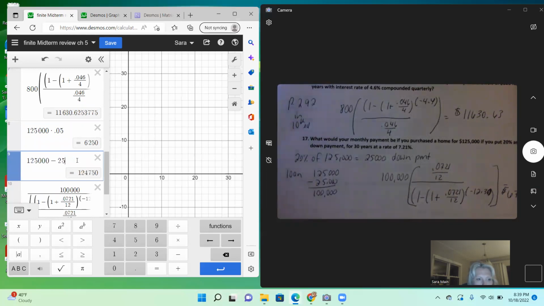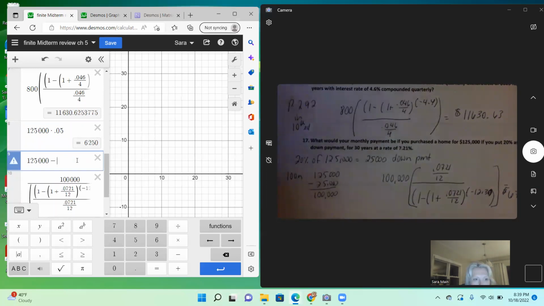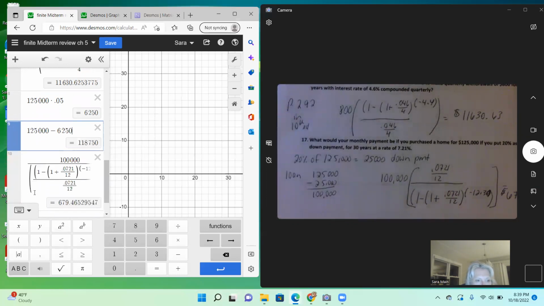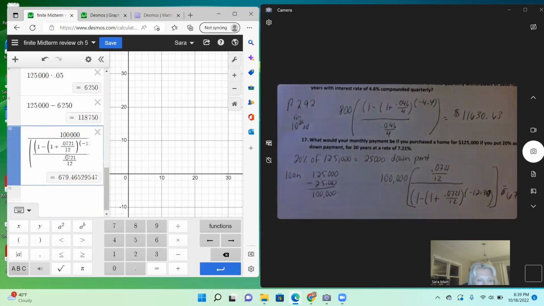So let's say you saved up that and you were going to buy this $125,000 house, and you put 5% down, and now you were going to borrow $118,750. Your payments would still only be $806.87, which is a lot less than most one-bedroom apartments right now. So if you can save up the $6,250, it's definitely in your best interest to purchase a home.